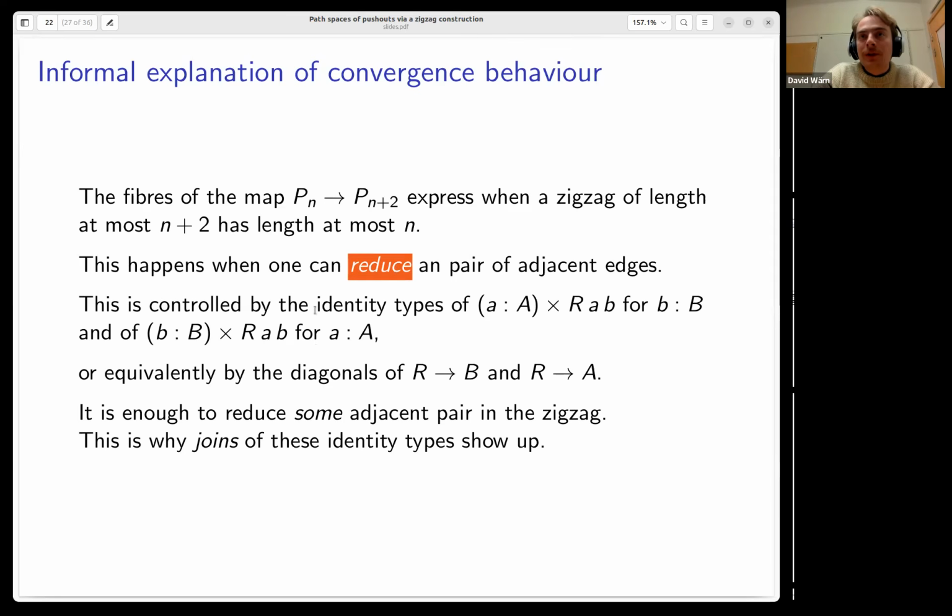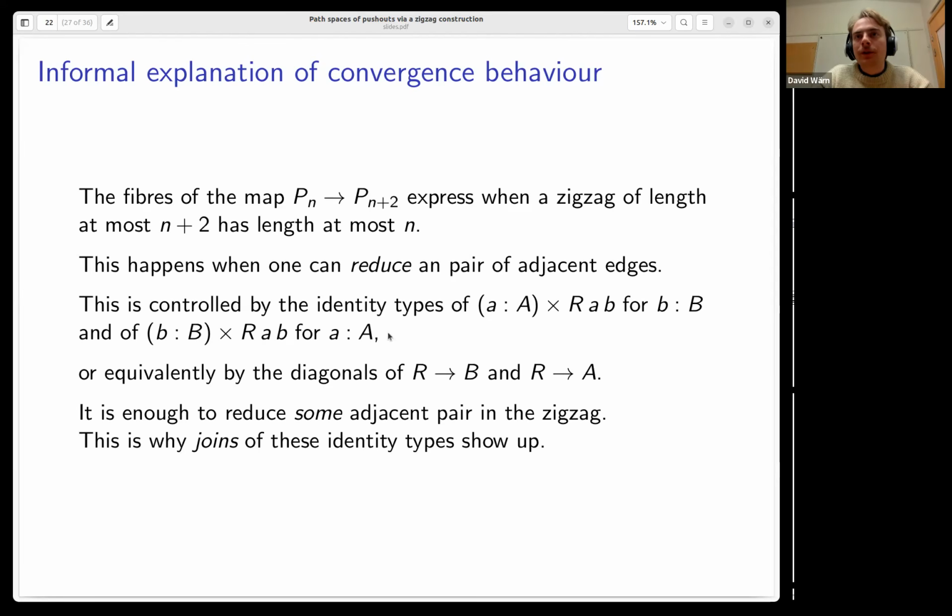And the ability to reduce like this is controlled by identity types in these types. So for a in A and b in B, you can look at the type of a together with an edge, a and a together with an edge to b, or vice versa. Given an a in A, you could look at the sigma type of b in B together with an edge to a. So these identity types express when two edges are equal in the appropriate sense, and so when we can reduce like this.